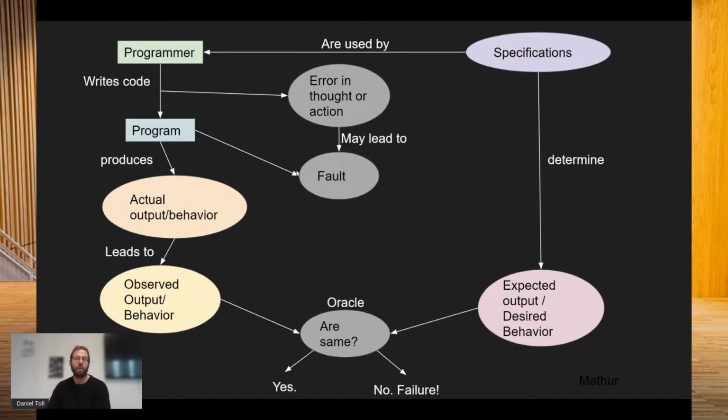So the code is run, that changes the state of the program from a legal state to an error state. And the error state may then be propagated up to the surface of the program where we can hopefully observe it. So if we observe the output, we may actually make mistakes when we observe the output.